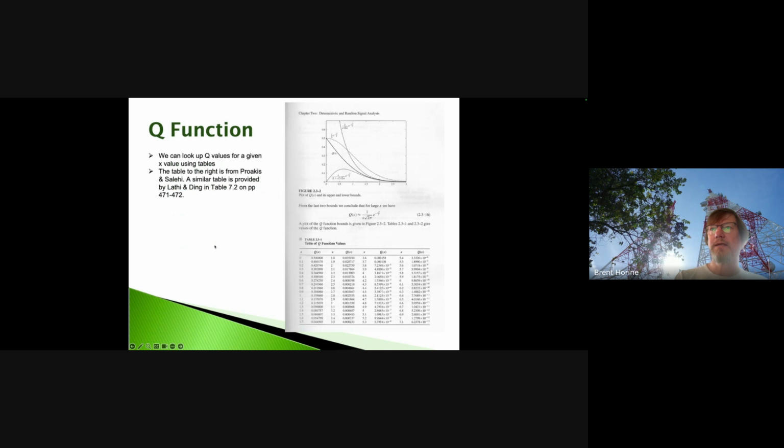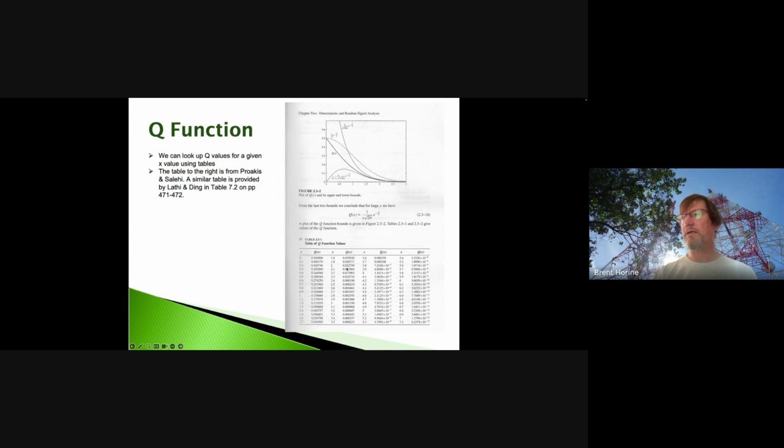Those are some handy things to remember, but generally we're going to look up these Q values for a given x value using tables. This table is from the Proakis and Salehi text, which I think is the alternate text on the syllabus, whereas Lathi and Ding is the primary textbook. In Lathi and Ding, it's Table 7.2 on pages 471 and 472.